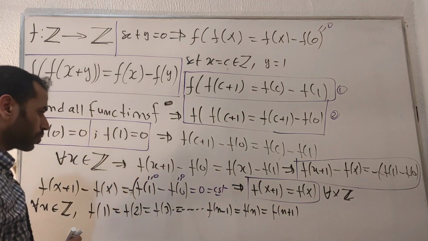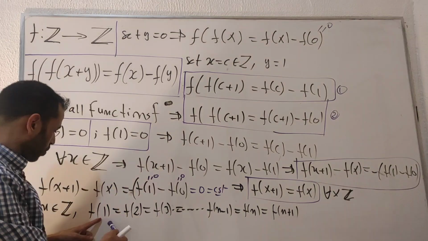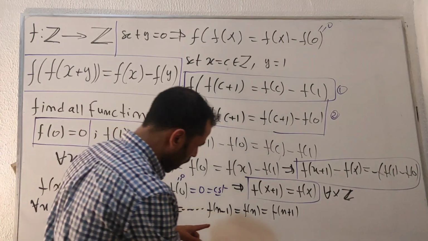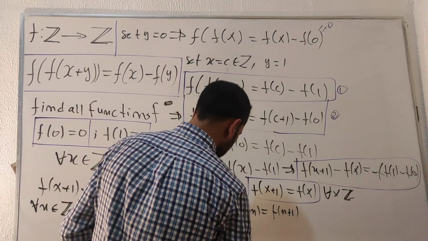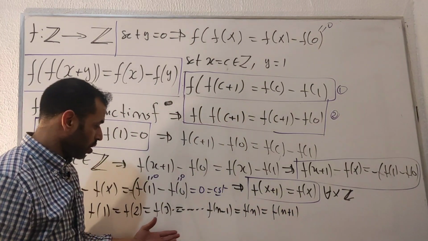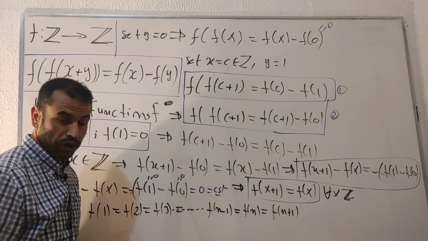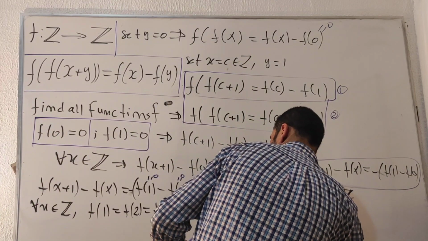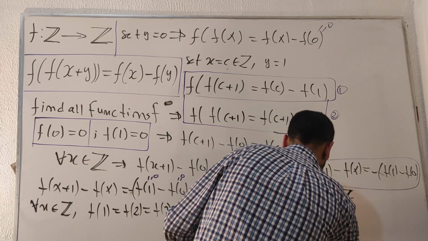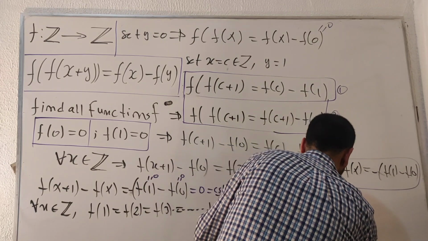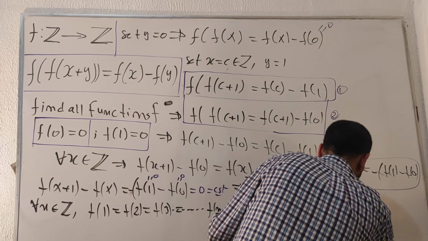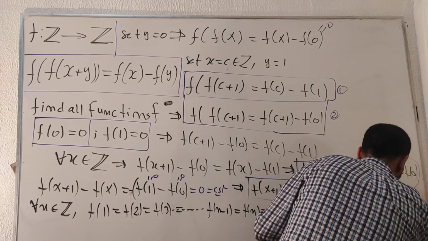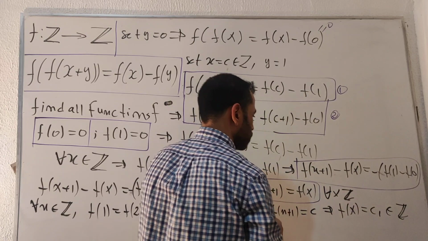When we see this, we are increasing the values of n, but the output of these values equals the same thing. The function is not growing. It stays the same, which means f of x equals a constant also. Thus f of x equals c, where c is some integer.